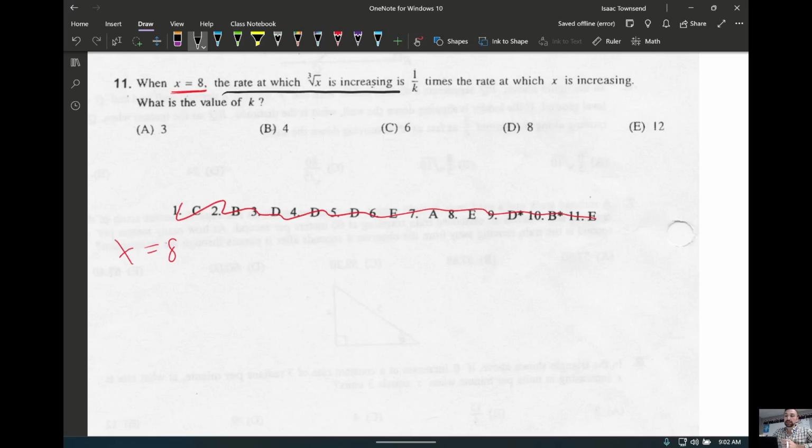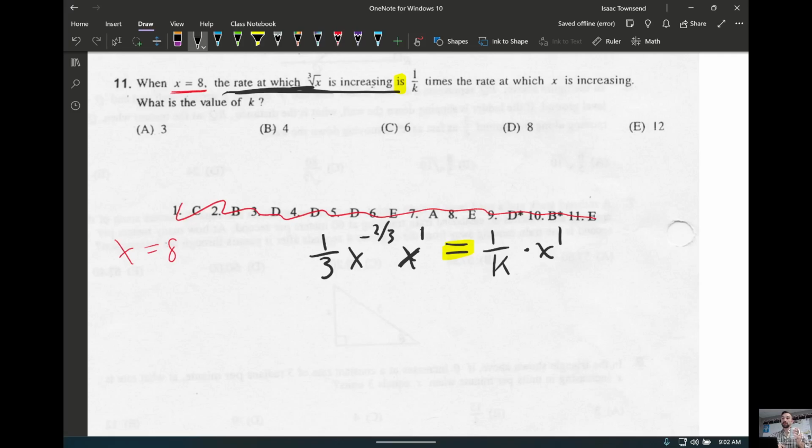The rate this is increasing, so I would do the derivative with respect to time, which is why I have an x prime there, which means equals 1 over k times the rate at which x is increasing. So times the x prime.